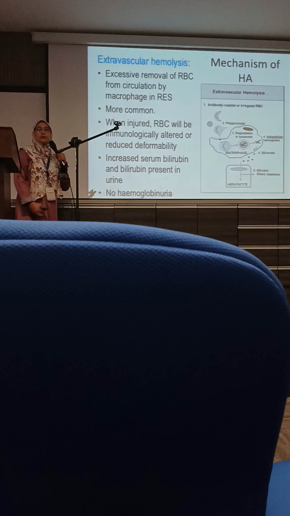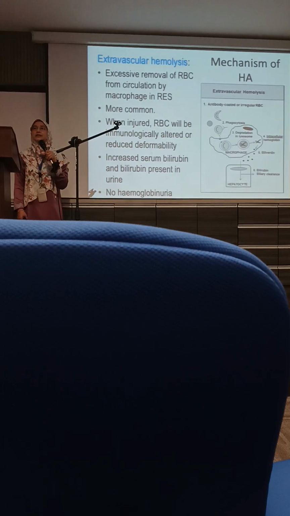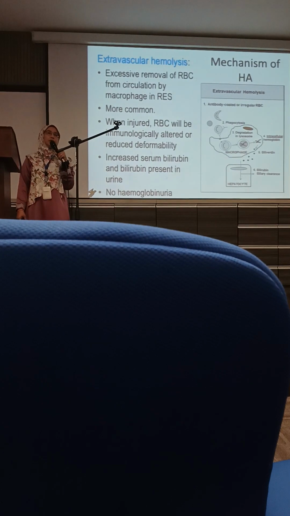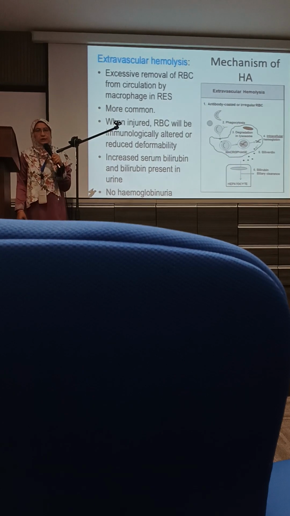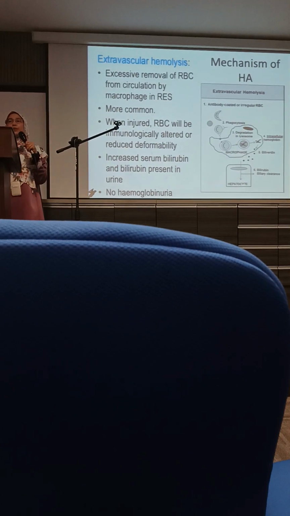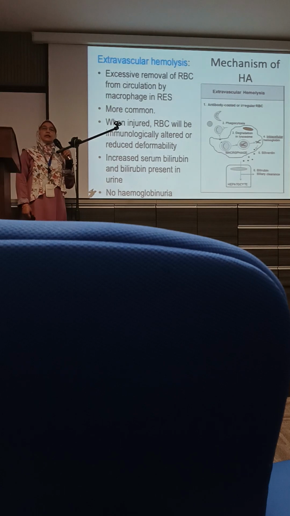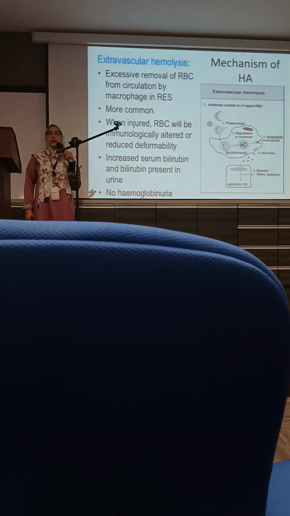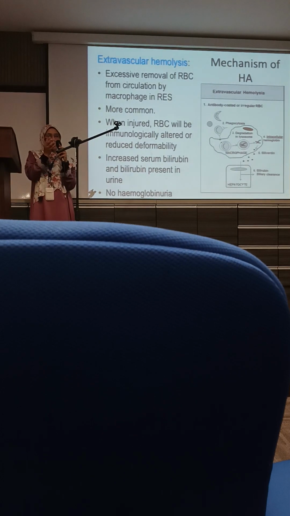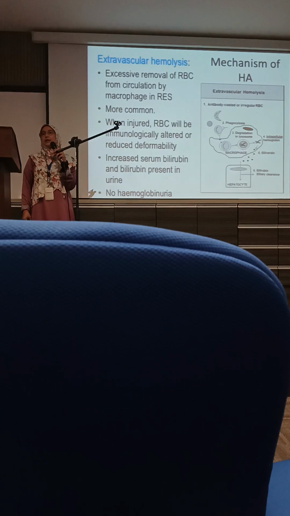For extravascular hemolysis, there is excessive removal of red cells from circulation by macrophages in the reticuloendothelial system. Extravascular hemolysis is more common than intravascular. Okay. So when you have injured RBC, it will be immunologically altered or it has reduced deformability. Dia tak boleh nak melentur untuk lalu in the capillaries.